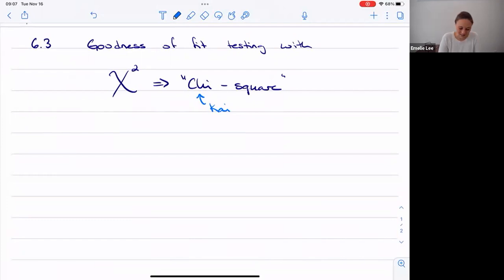So goodness of fit testing with chi-squared. Usually I just do kind of a capital script X, and that's chi. I'm not sure I'm doing it correctly. Anyways, close enough. You can write chi-squared like this if you want, but I'm lazy.